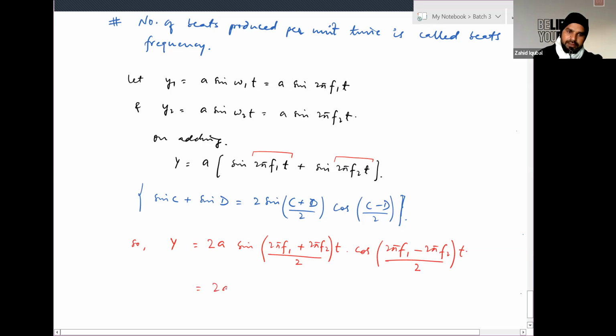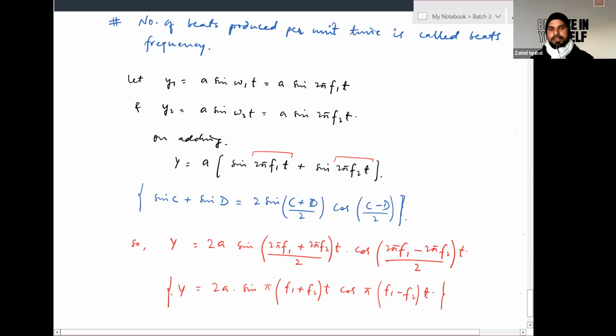On solving, you will get 2a sine pi (f1 plus f2) t cos pi (f1 minus f2) t.